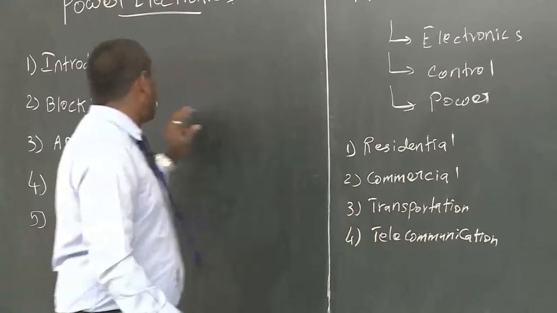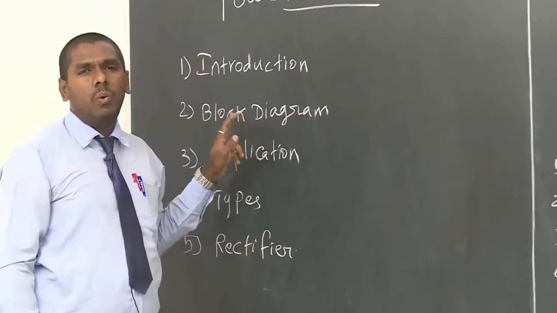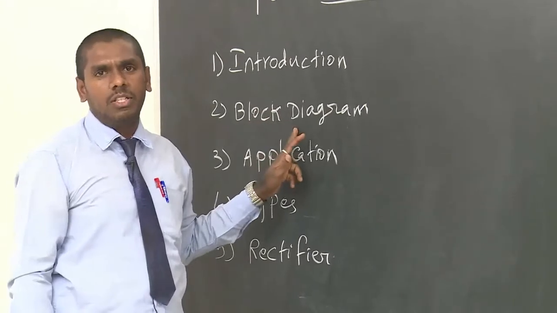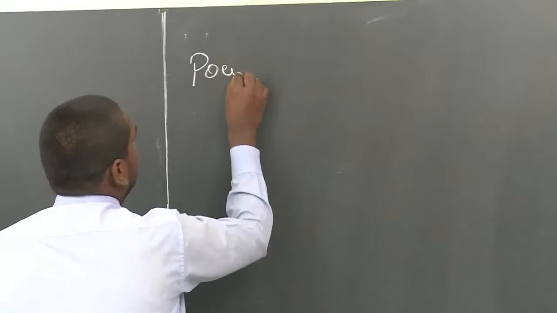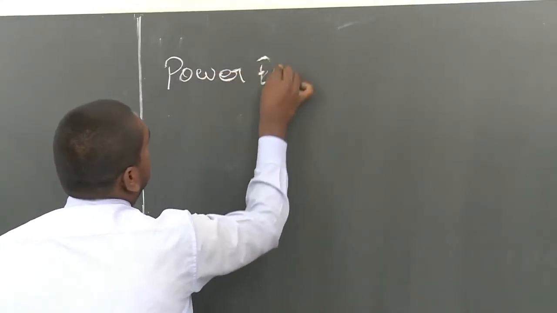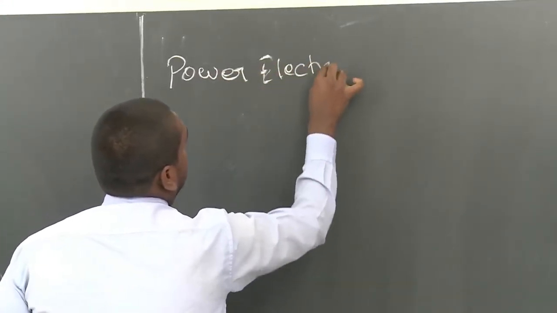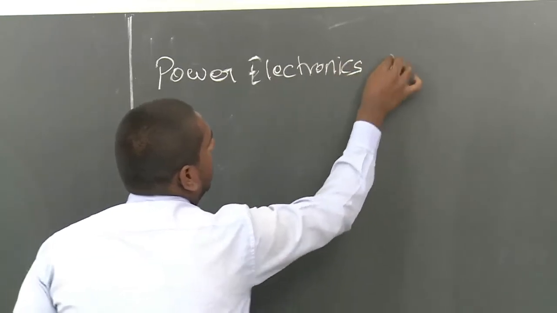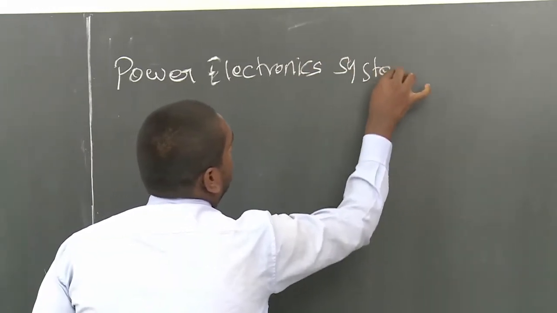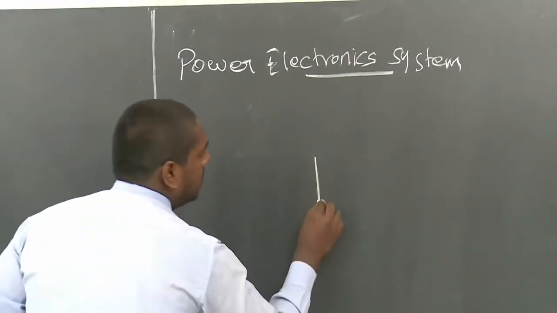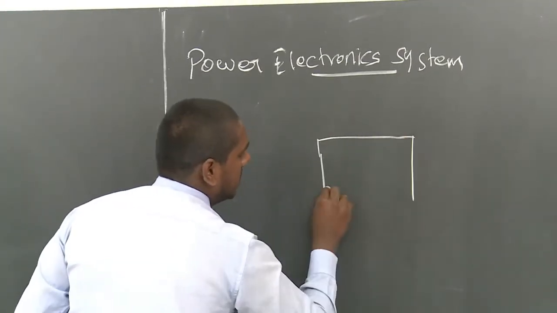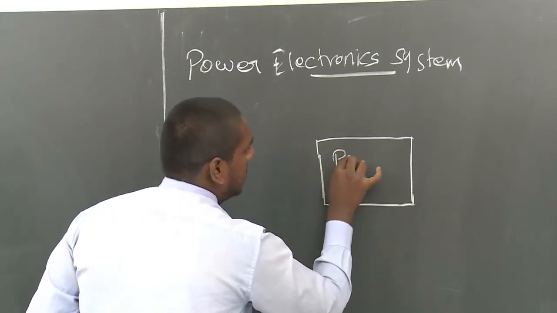Okay, so the next point is the block diagram. What is the block diagram for the power electronic system? In a power electronic system, the first major part is the converter, that is the power converter.